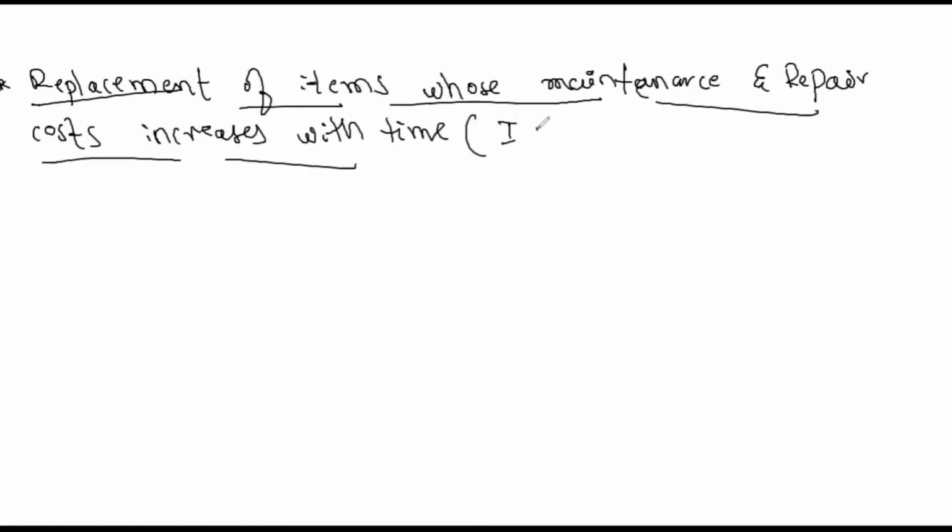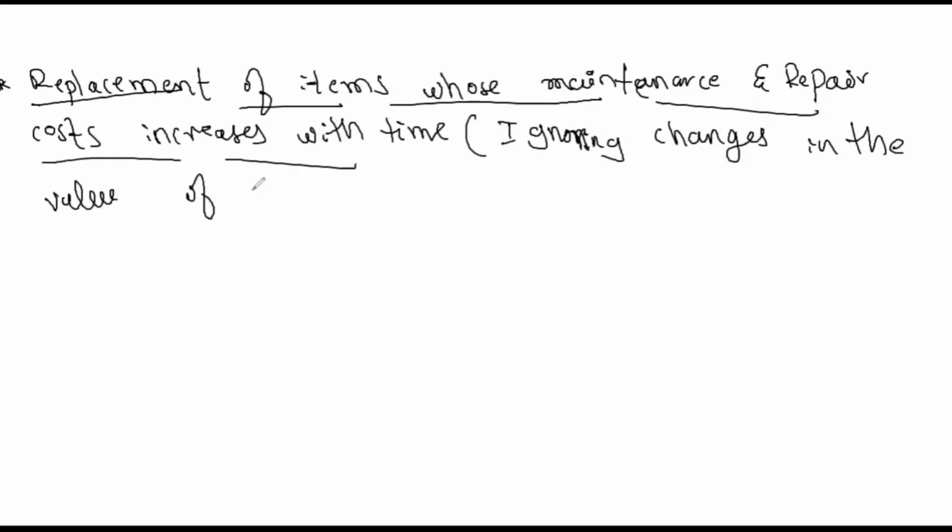So here we are ignoring the changes in the value of money during the period, right? So in this model we have to ignore the value of money in that particular period. Suppose you consider the vehicle example.